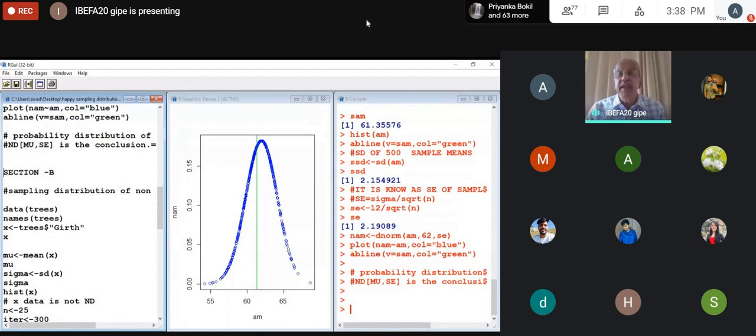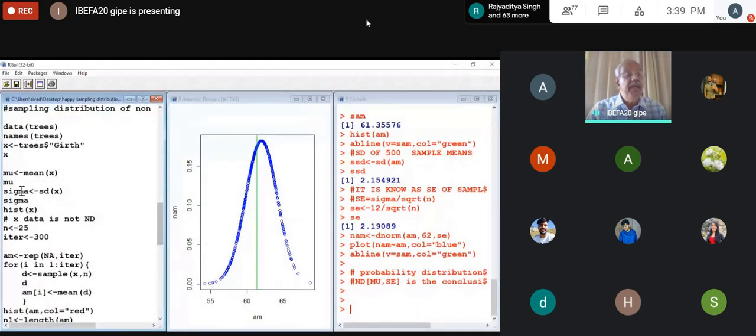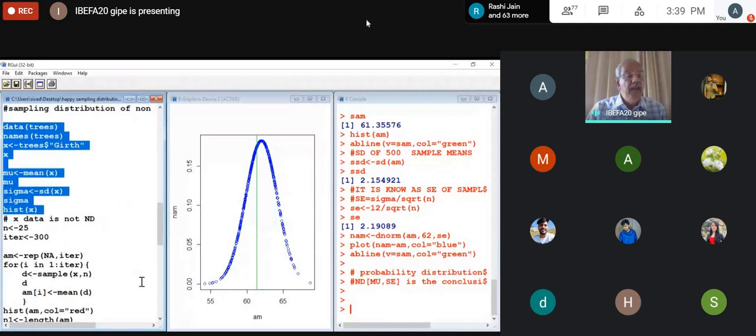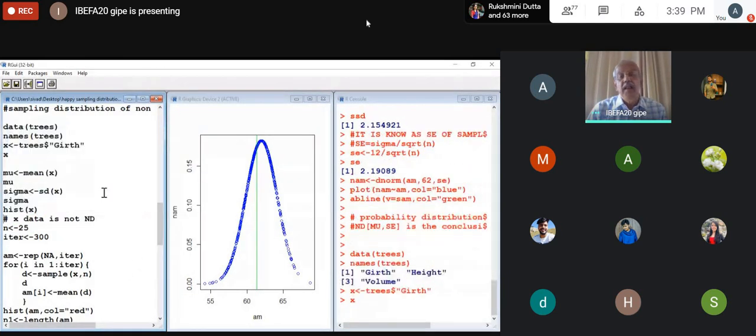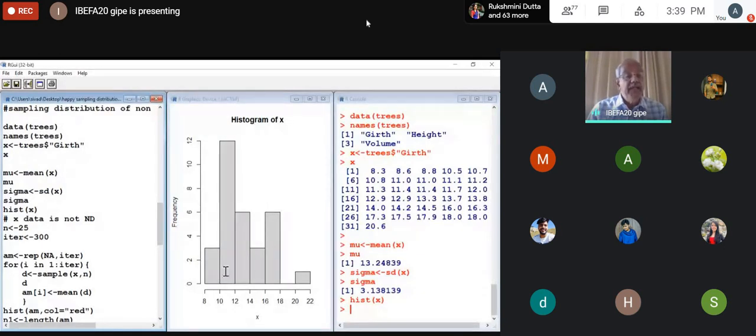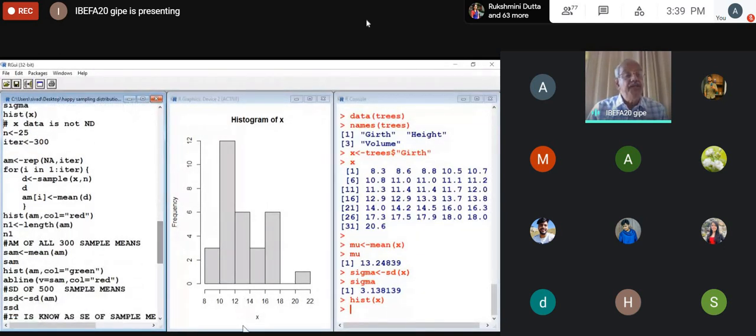And whenever the original data is normal, any sample size you take will behave like normal only. In section B, it is the other case. In section B, the original data is not normal, but the sampling distribution is normal.